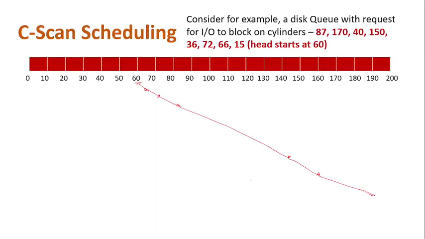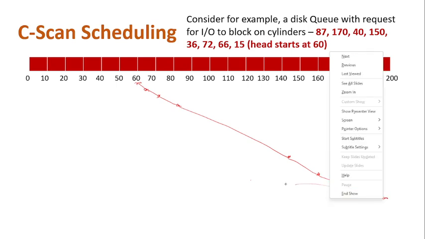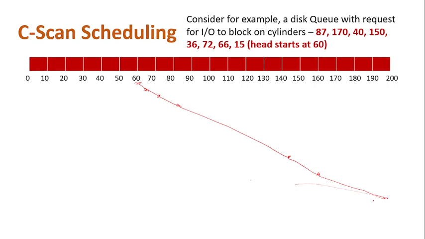From 200 we go straight back to the starting position, from this end to that end, and from 0 we go to 15, then from 15 to 36, and from 36 to 40.